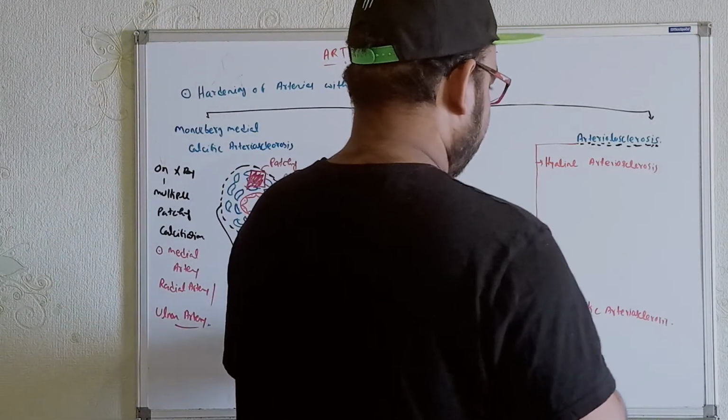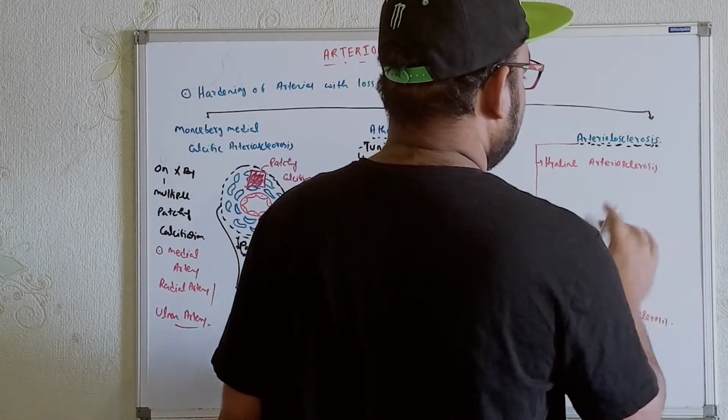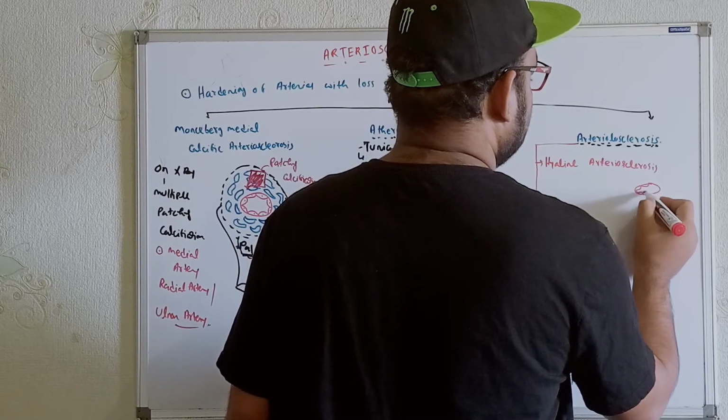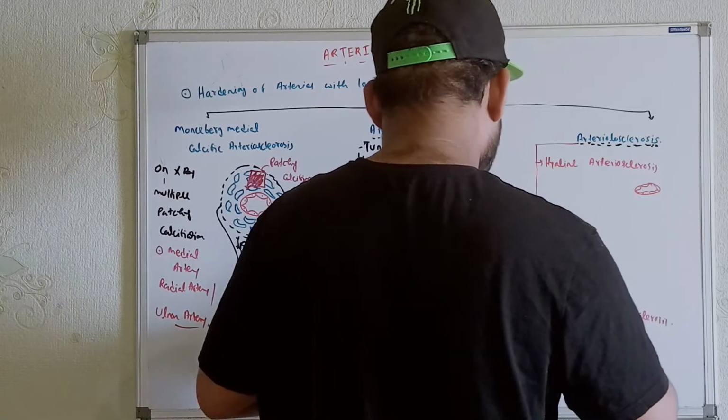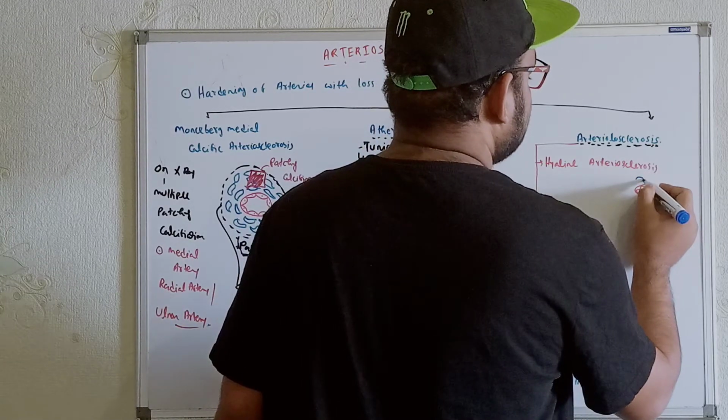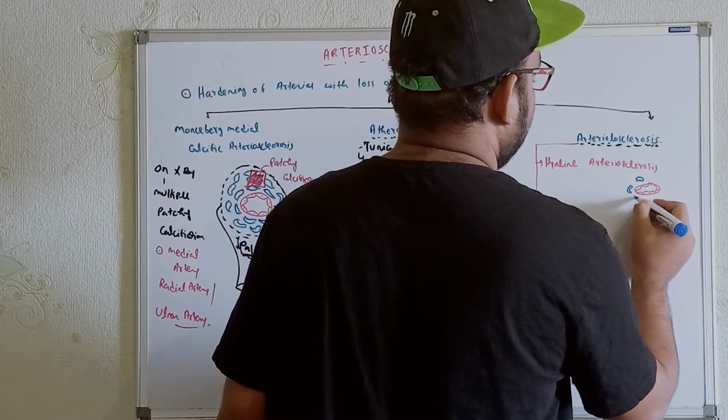Now see, if we just draw again the blood vessels. First we'll get the tunica intima. Then we'll get the smooth muscle layers, or you can say tunica media.